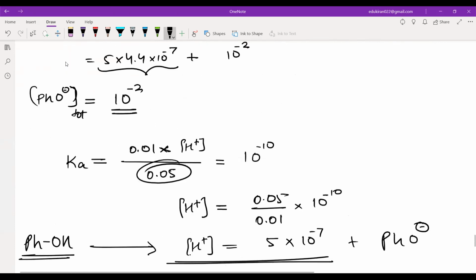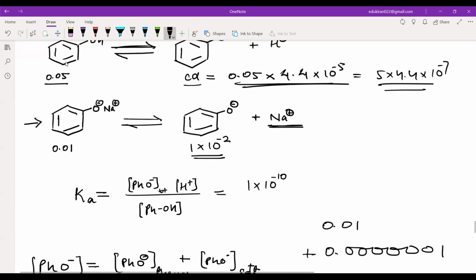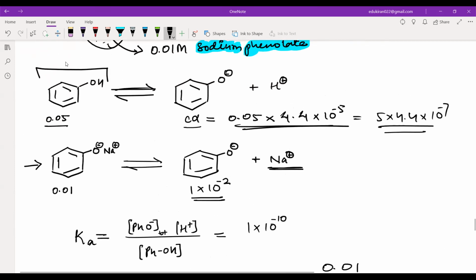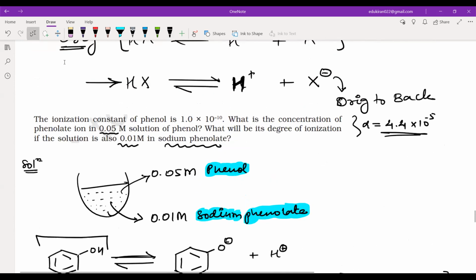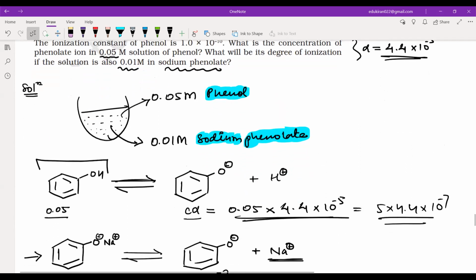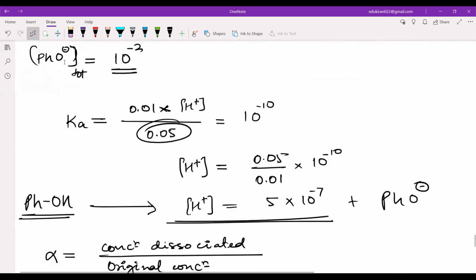And how much did we get initially? Alpha was how much? 4.4. This was the alpha originally.